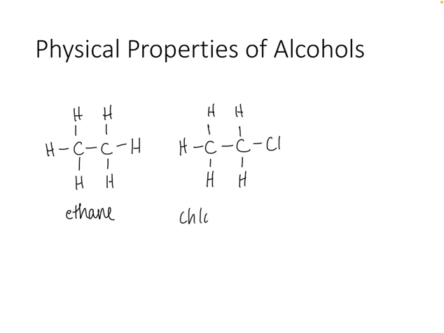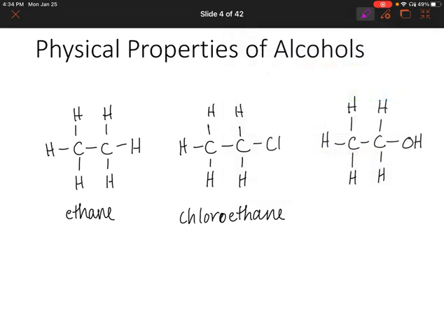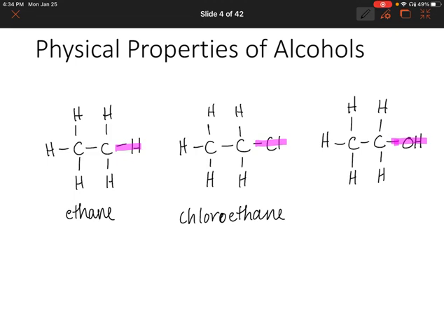So this is chloroethane. And finally, let's say we replace that chlorine with an alcohol. So let's just compare these molecules based on their differences. Oh, and sorry, this last molecule is called ethanol. I forgot to name it.